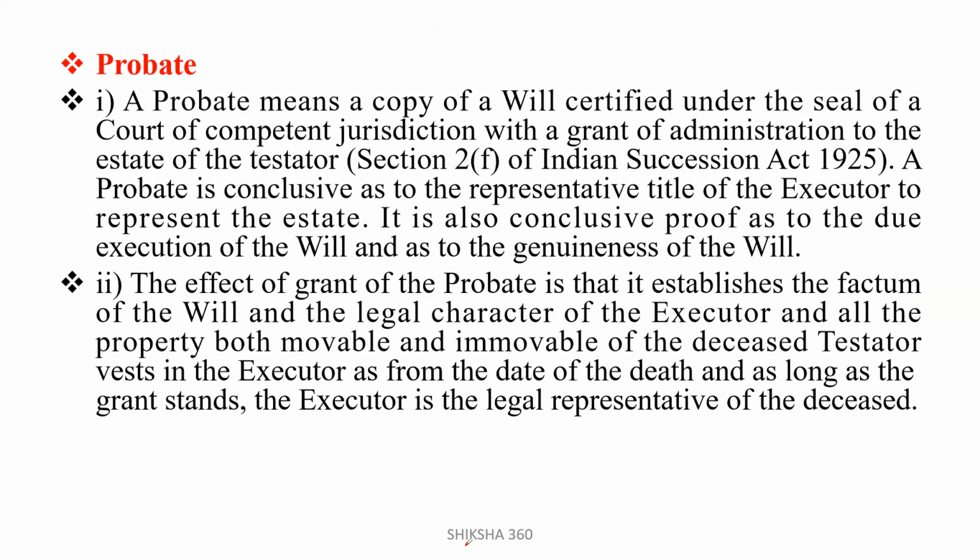Next one, probate, which we have to now discuss. Probate, what does it mean? A probate basically means a copy of a will certified under the seal of a court of competent jurisdiction with the grant of administration to the estate of the testator. Testator is basically the one who had written that will.